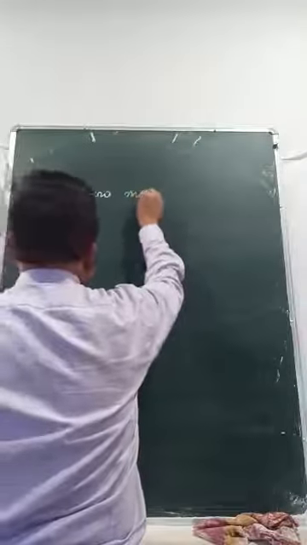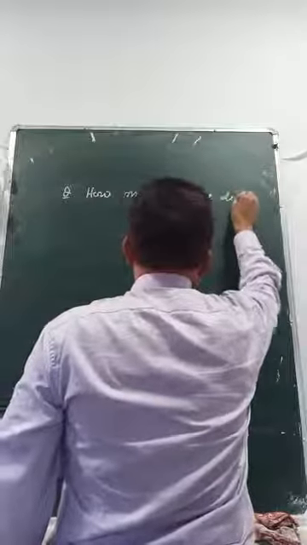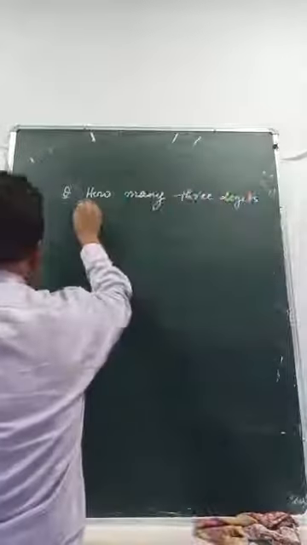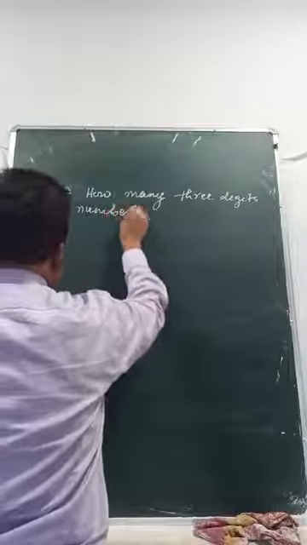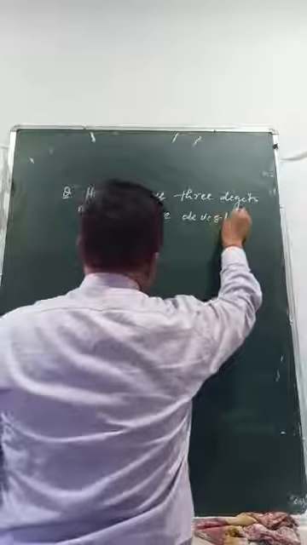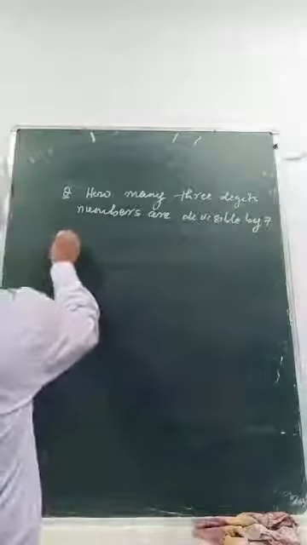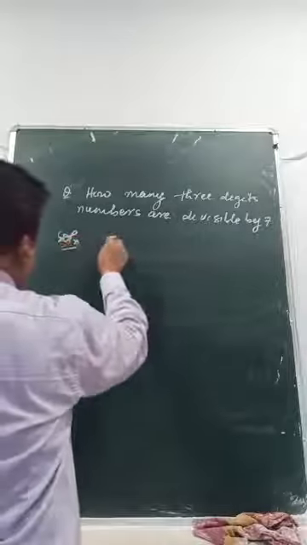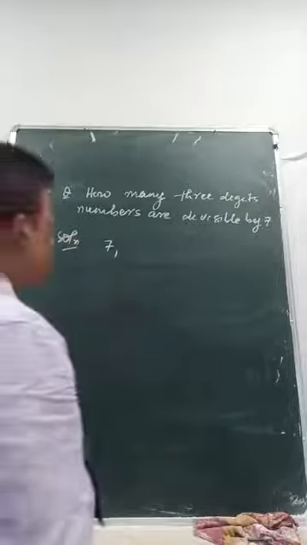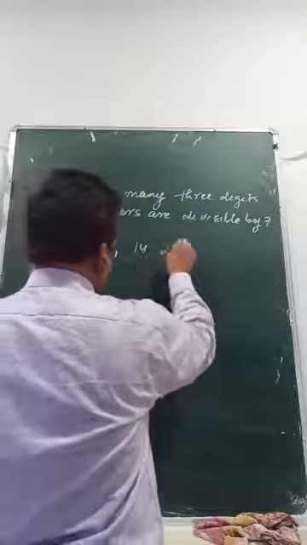Divisible by 7 means you have to find the multiples of 7. So the first number will be 7, the second will be 14, 7 plus 7, then 21, like this.